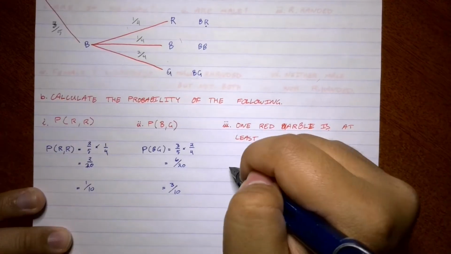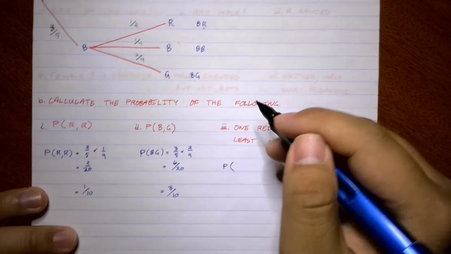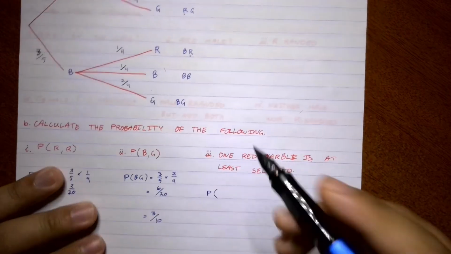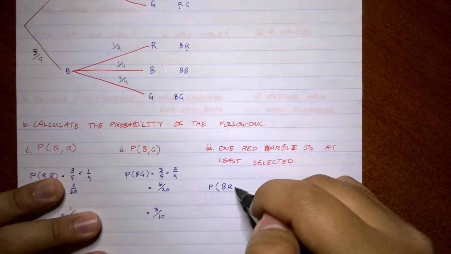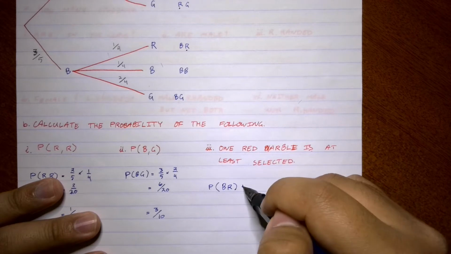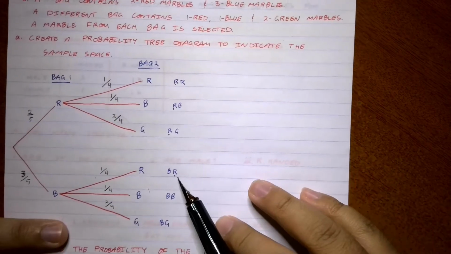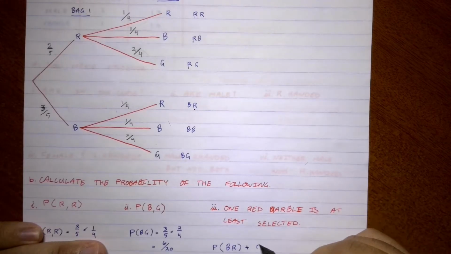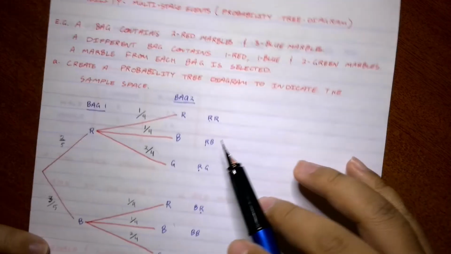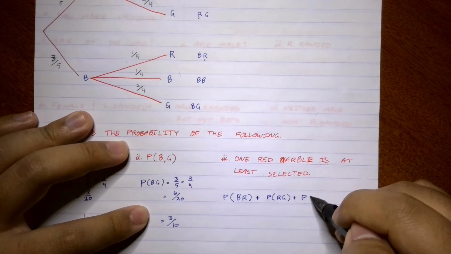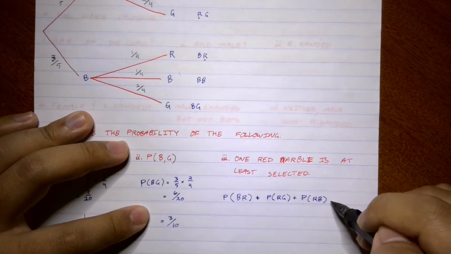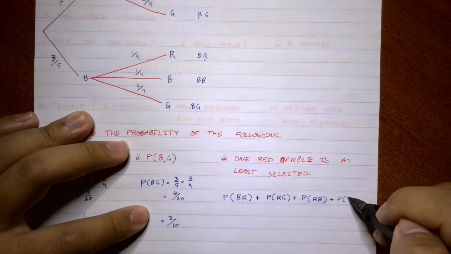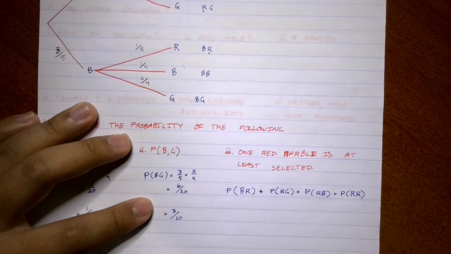Now we can think of this as the probability of blue-red plus the probability of red-green plus red-blue and red-red.